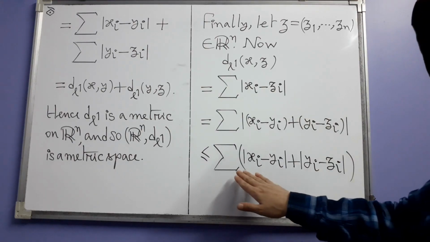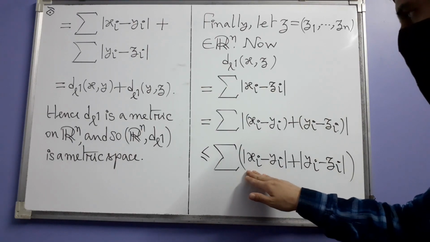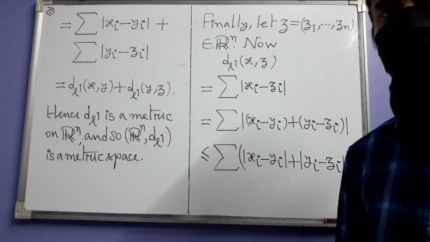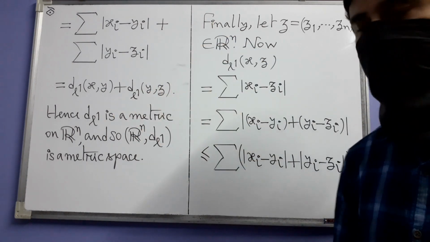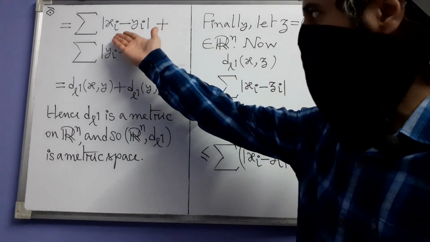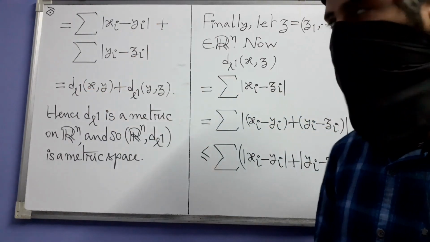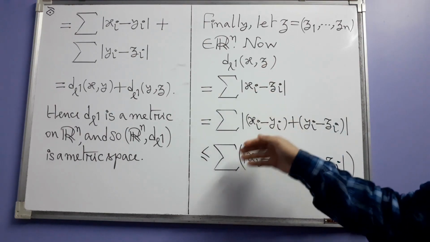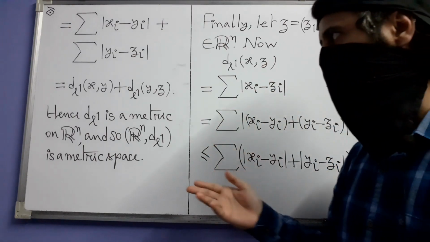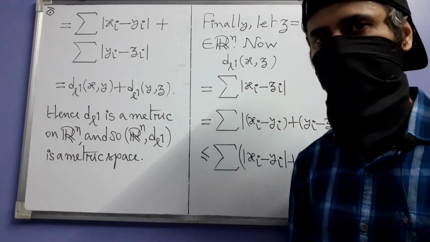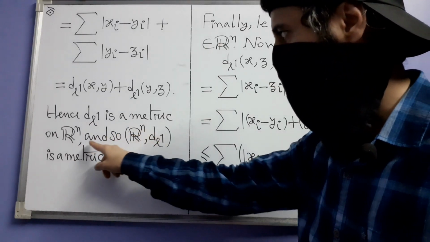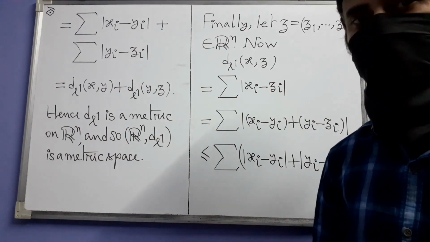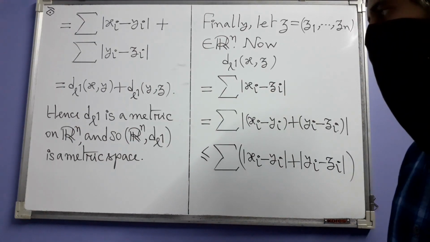So there one of the properties tells us that we can split this sum into two sums. And this one of course is dl1 of x comma y, and this one is dl1 of y comma z. So that way we have the fourth axiom also verified for dl1, and as such dl1 is a metric on Rn, and Rn with respect to this metric becomes a metric space.